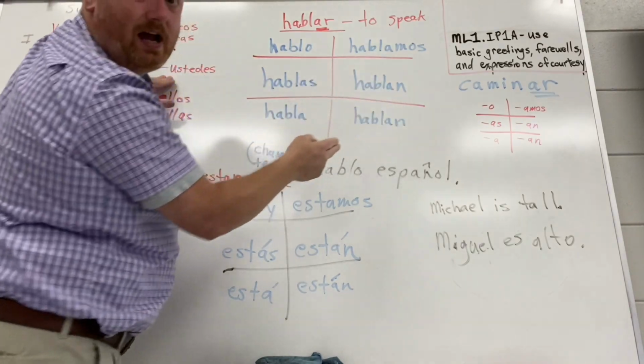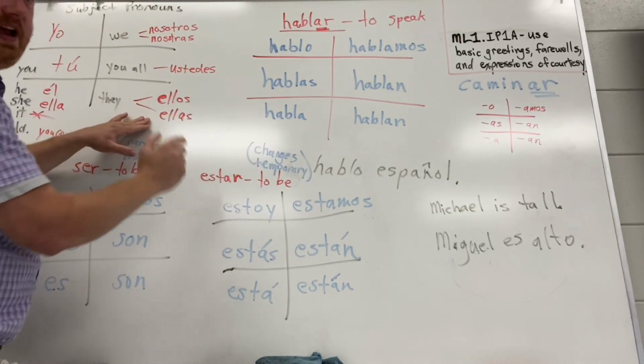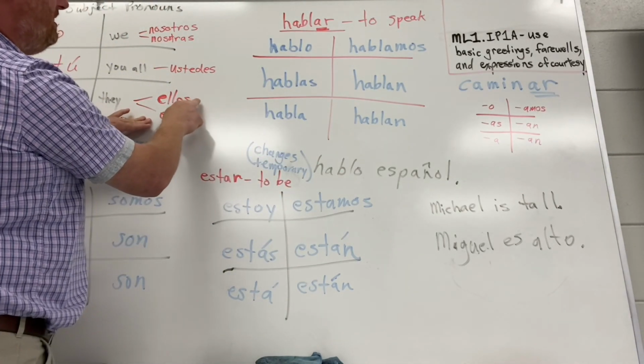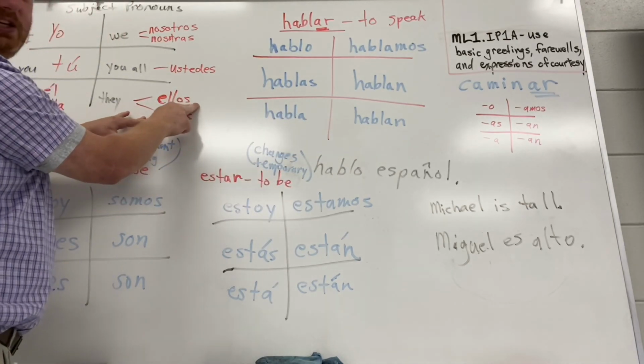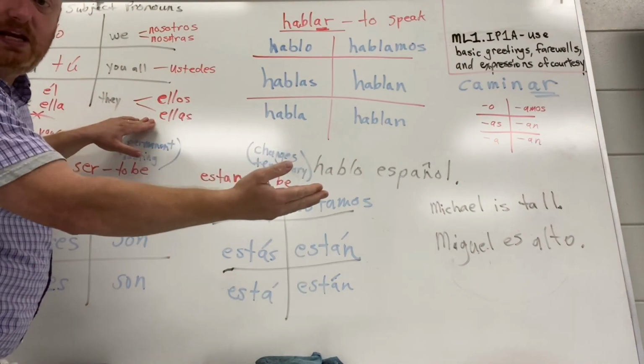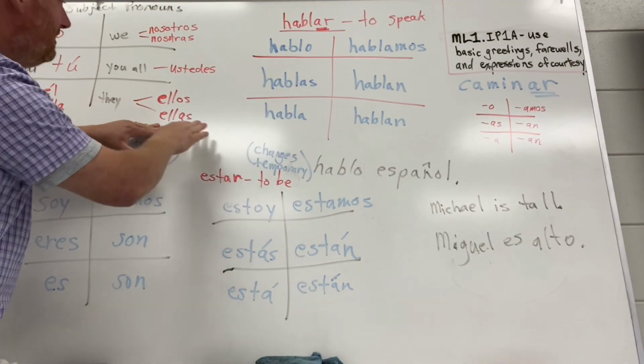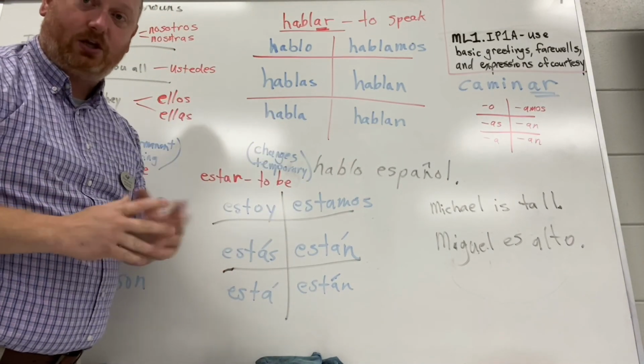So ustedes hablan, y'all speak. Or I could say they speak, and it would also be hablan. But I have to put the pronoun with it usually. Ellos hablan, they speak. Or if I'm talking about those two girls over there, ellas hablan. So do you follow?